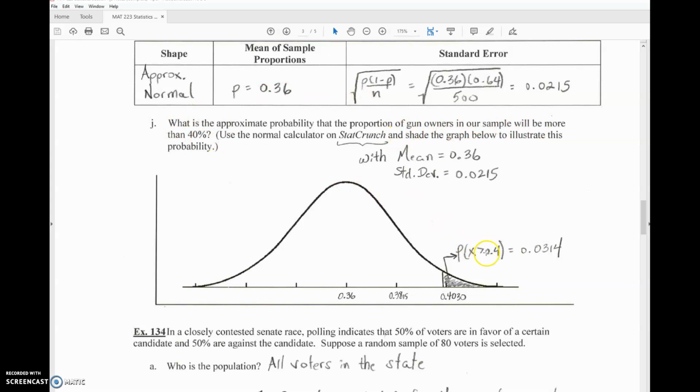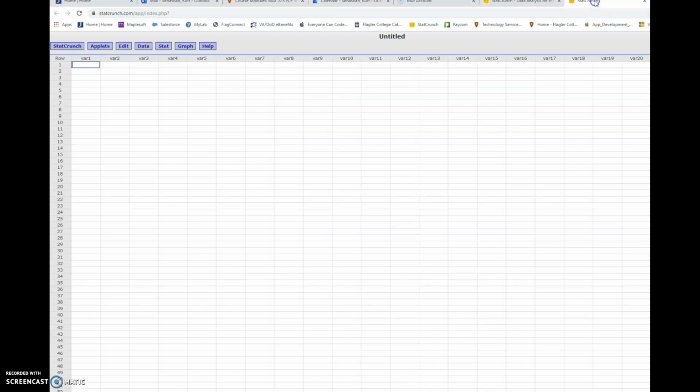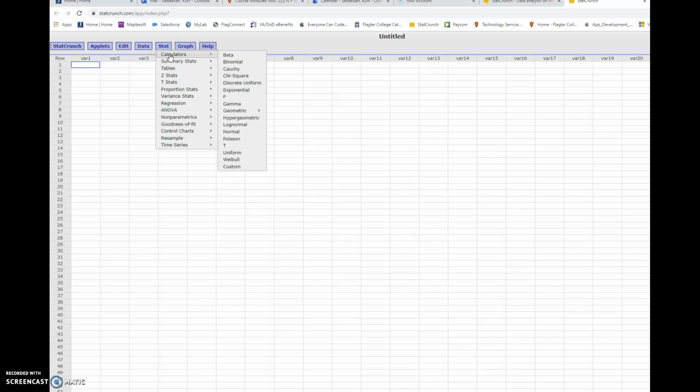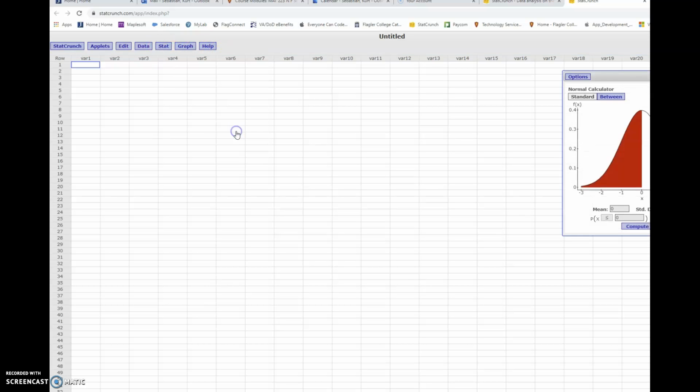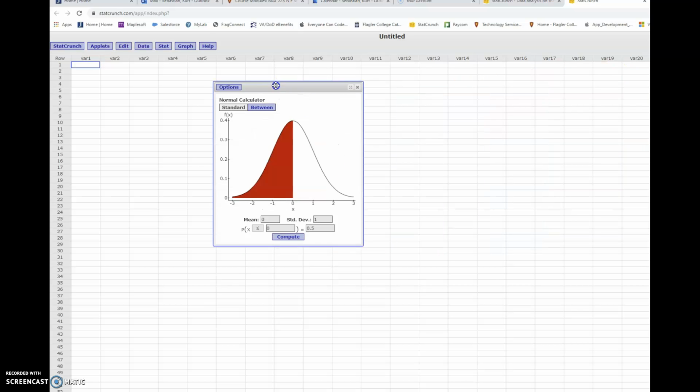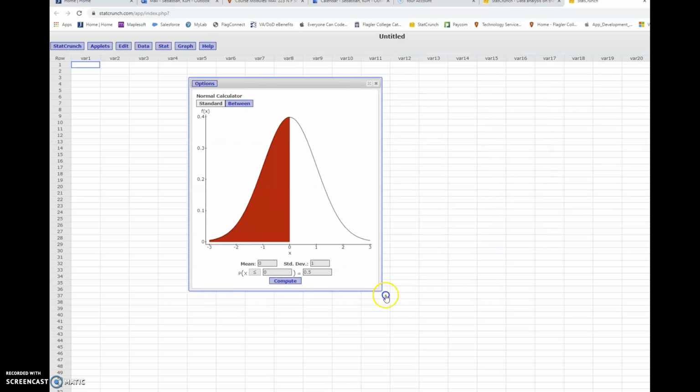So I explained that to you, but then I said it's probably wise if I go ahead and show you one more time. I'm going to open up StatCrunch and go to my normal calculator. So Stat, Calculators, Normal. Let me make this bigger so you can see it.